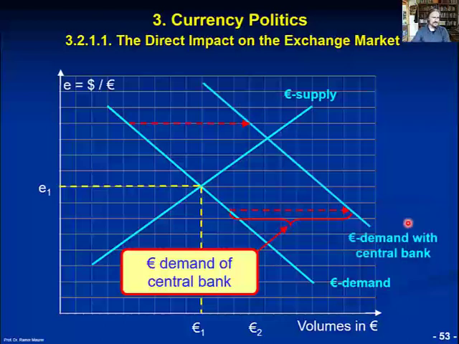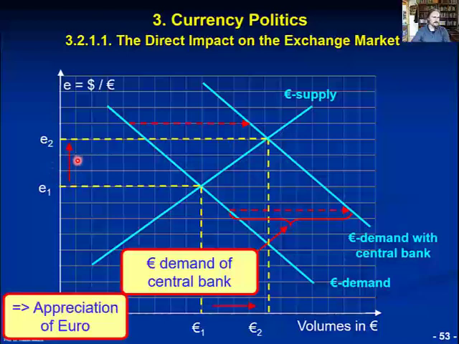The result is that the demand curve shifts upward or to the right, and now the intersection point that was initially on this level shifts to this level. This implies that we have now an increase of the exchange rate, which means the euro has appreciated against the dollar. So, an appreciation of the domestic currency is a primary effect of this central bank intervention on the foreign exchange market.